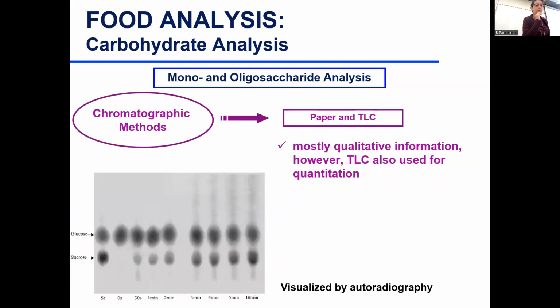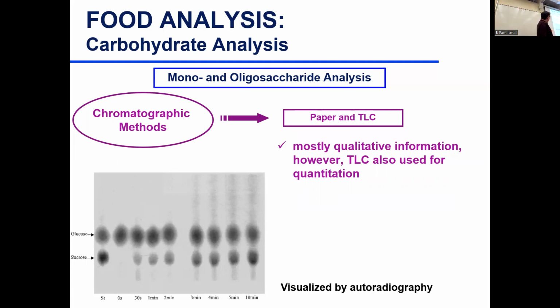Chromatographic methods for determination of mono, di, and oligosaccharides. We have the qualitative methods that we talked about earlier, paper chromatography and thin layer chromatography. These are screening methods just to determine the different composition of those sugars in your sample.